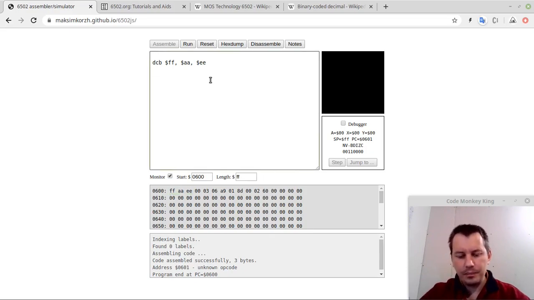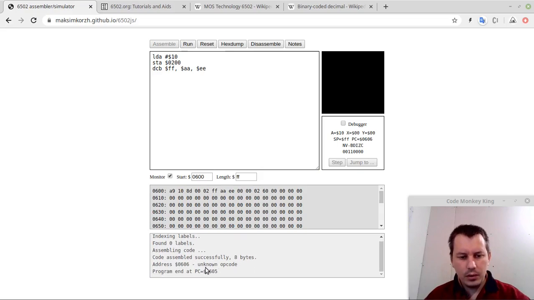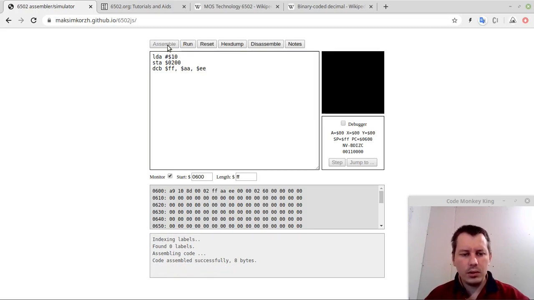So if we have some logic before, some loading of a value to a register, yes, I'm doing something useful there, assemble and run, so what, unknown opcode, excuse me. So I just don't understand. It just says that it assembles. Oh, it's just an unknown byte, yeah, because we don't really need to go there.